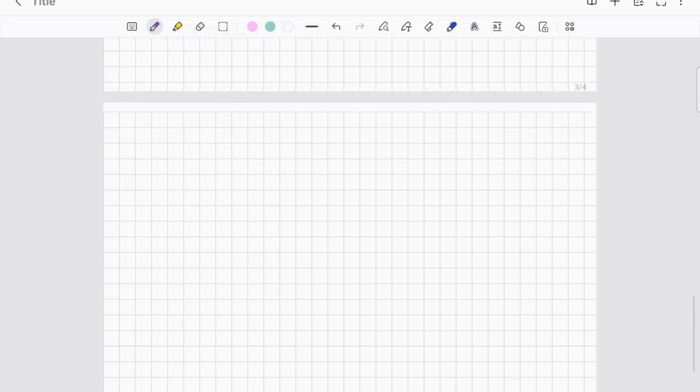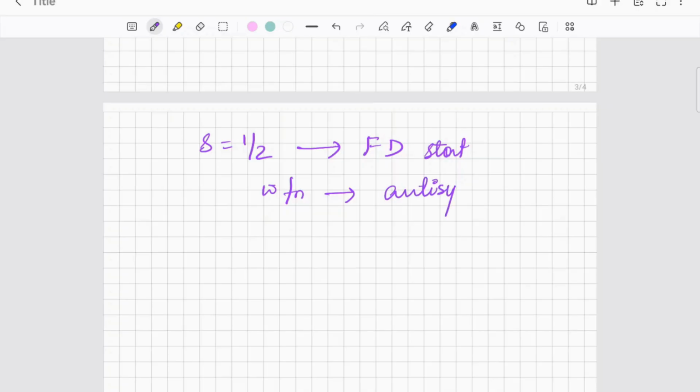It tells us that particles with half-integral spin obey Fermi-Dirac statistics, and their many-particle wave functions are antisymmetric under exchange. Hence psi 2, 1 should be equal to minus psi 1, 2.